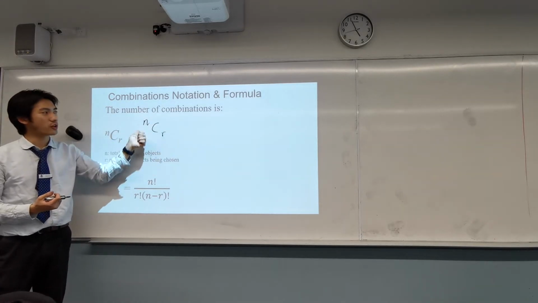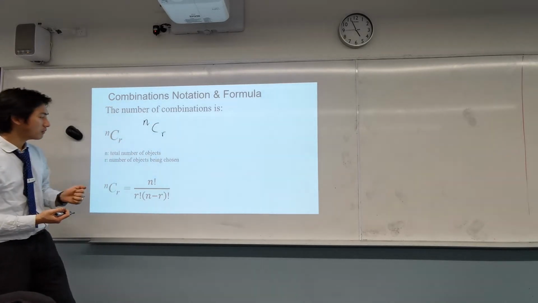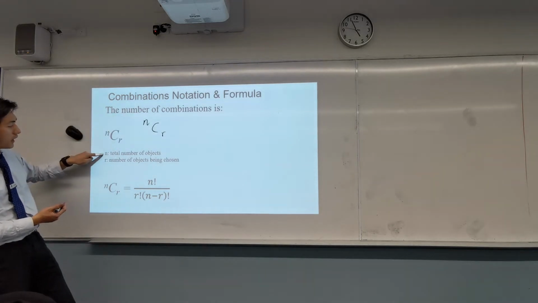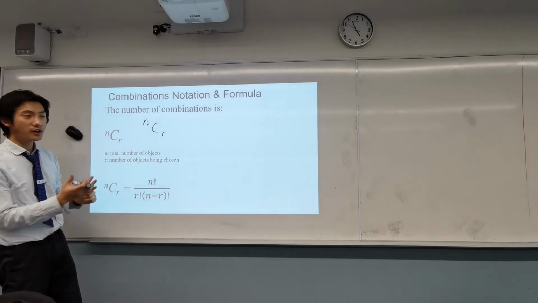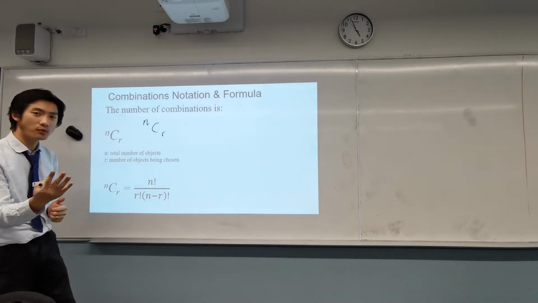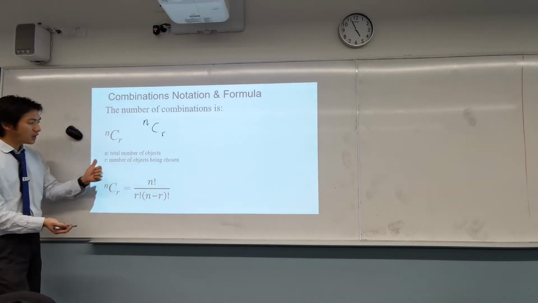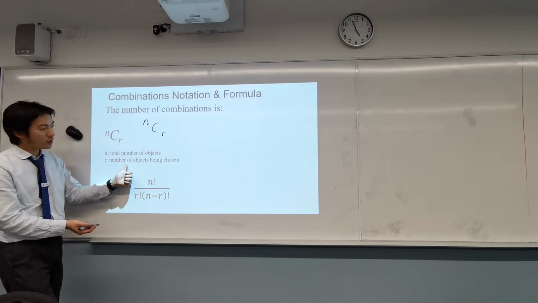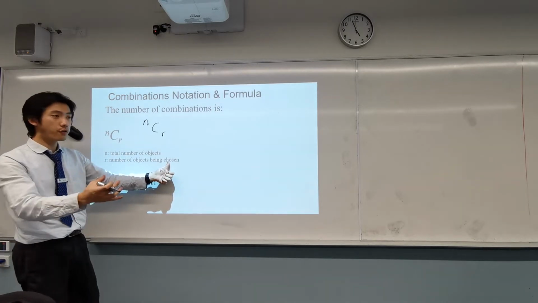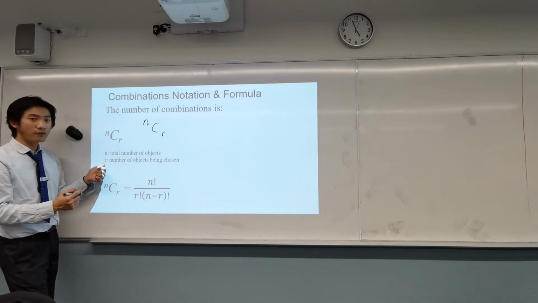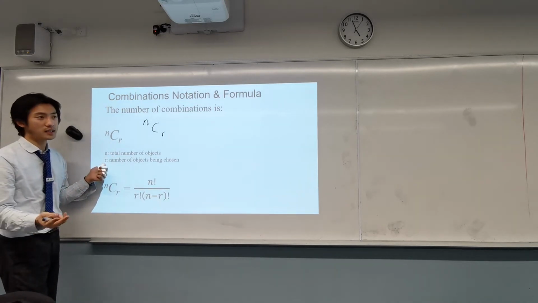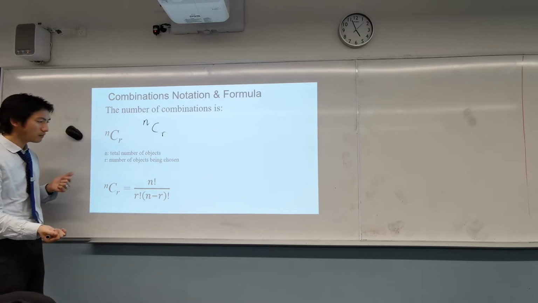So this thing helps us calculate the number of combinations. n is the total number of objects that we're choosing from. In our example from before, that would be the 4 people A, B, C, and D. r is the number of objects that are being chosen from the total group. So in the example before, the value of r would be 2 because we're only selecting pairs of people.